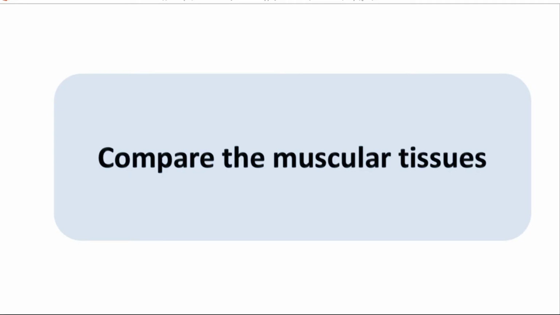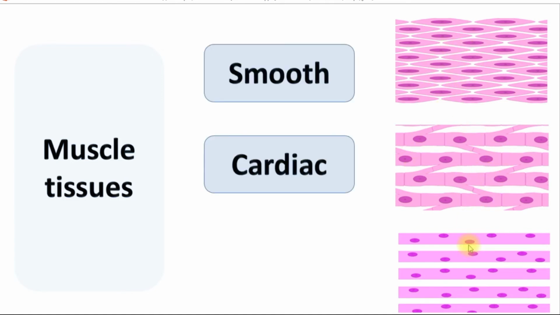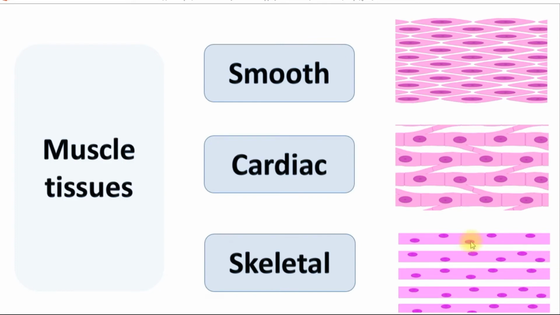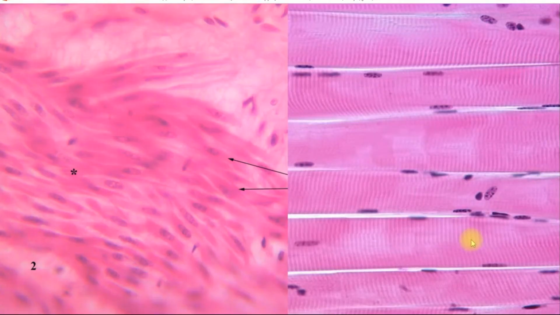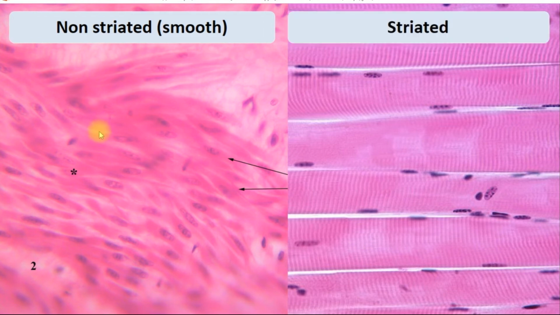So now we are going to the classification of the muscular tissue. We have discussed all types of muscular tissue, and now let's compare them. Here you can see three basic types of muscle tissue: smooth, cardiac, and skeletal. According to the presence of striations, we divide all types of muscular tissue into non-striated, or smooth, and striated.